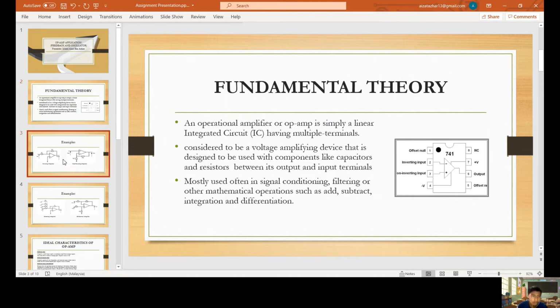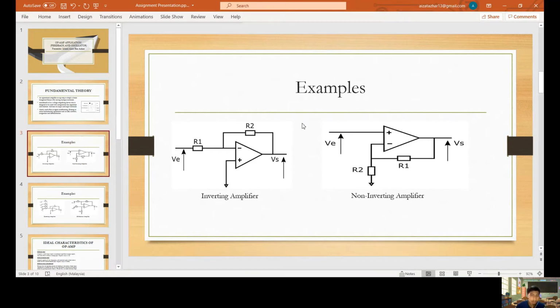So this is an example of the amplifier. This one is the inverting amplifier. For the inverting amplifier, the non-inverting input is connected to the ground, while the inverting input is connected to the input signal.